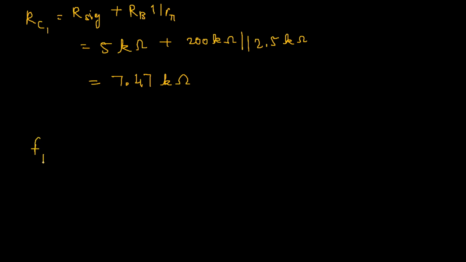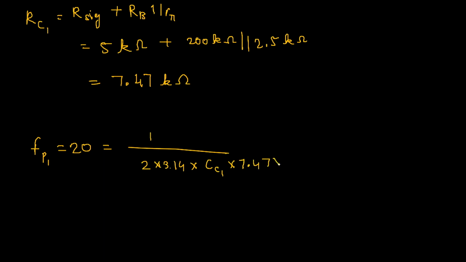I can find FP1. I know it's equal to 20. 20 is equal to 1 divided by 2 into 3.14 into CC1 into 7.47 into 10 to the power, what was RC1? 10 to the power 3.